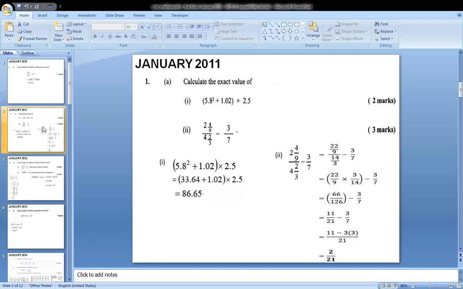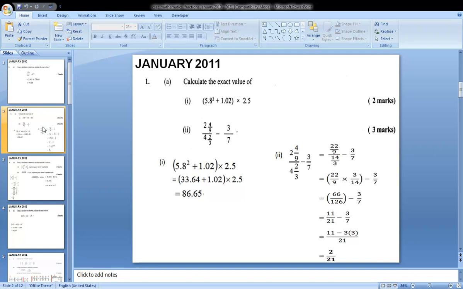So 21 into 21 goes one time, and we multiply that 1 by 11, which gives us 11. 7 into 21 goes 3 times, and we multiply that 3 times 3, which gives us 9. So we should have 11 take away 9 over 21, which gives us 2 over 21.